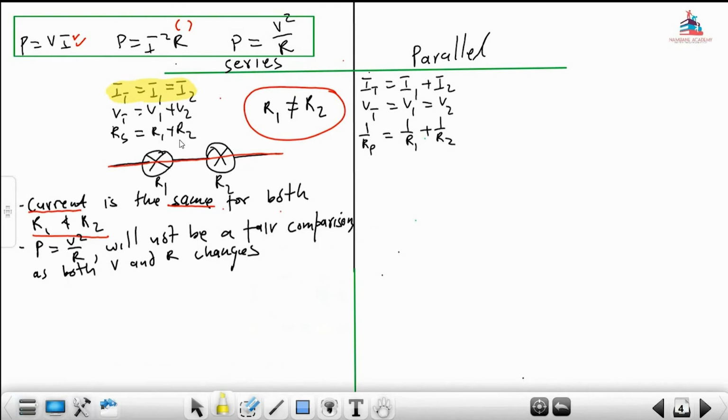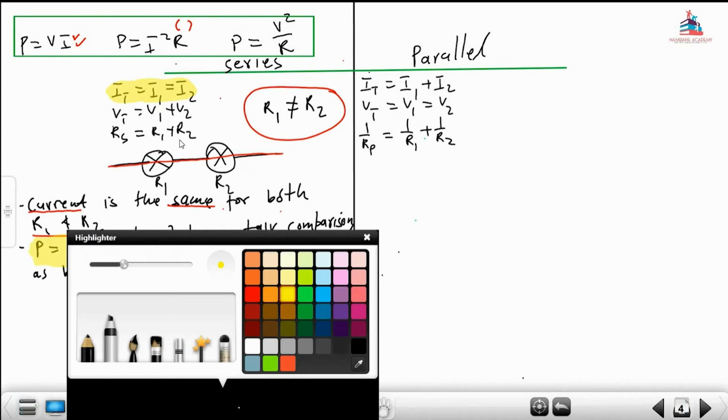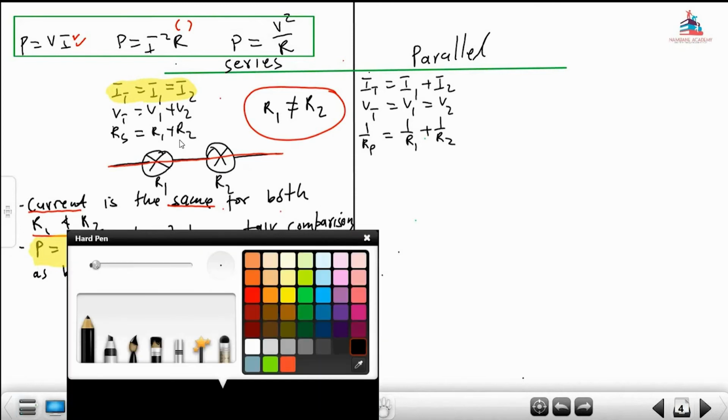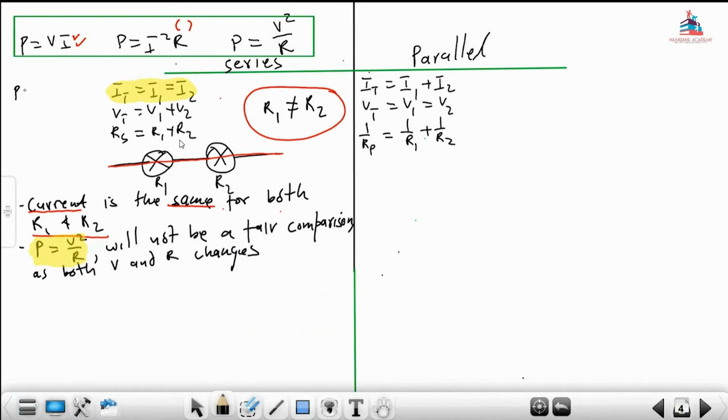So I am only left with two equations that one can use. What are those equations? The equations that are left will be P is equal to VI, and P is equal to I squared R. So these will be the two important equations that one must use.